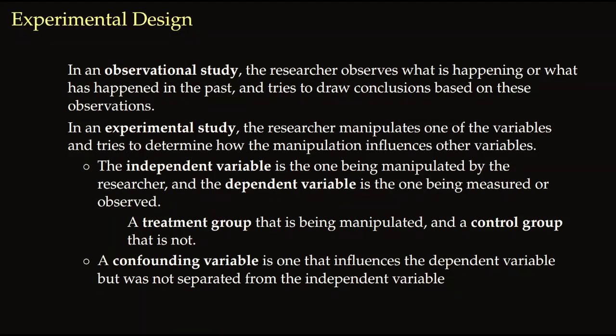When you are looking at an experimental study, you're going to have an independent and a dependent variable. You've heard those terms before in a basic mathematics course. When you're looking at a graph, y equals f of x, we say that x is the independent variable because we can choose whatever we want, and y is the dependent variable because once we choose a value of x, the value of y is determined.